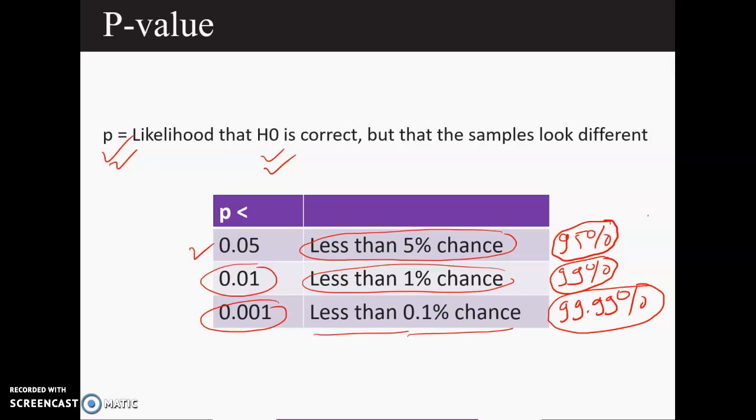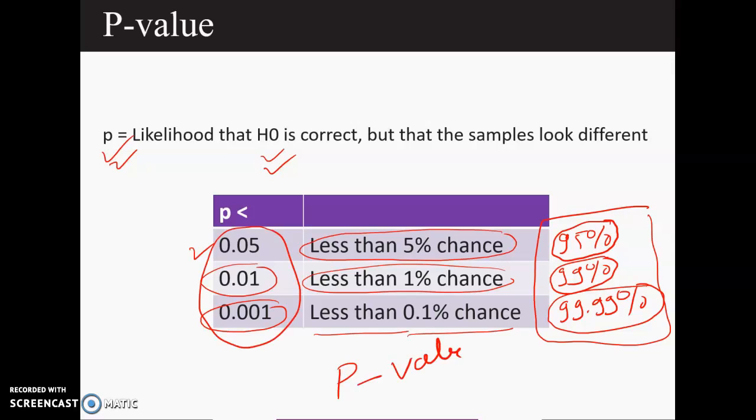In order to do this, we use a value which is called p-value. These all are nothing but p-values, and we compare the p-value. Suppose you have a sample S1 and a sample S2, so you will determine the p-value for sample S1, and you will find out the p-value for S2.